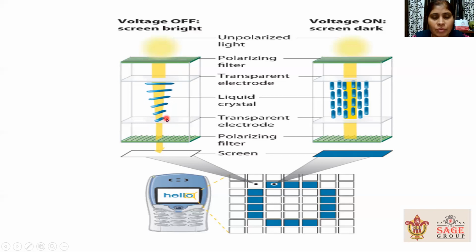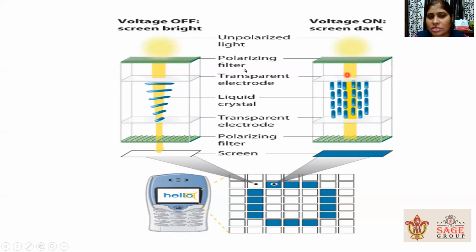So these molecules change their direction and become parallel to this polarizer. So when light falls on the screen, the light will cross this polarizer from the spaces available in the liquid crystal. So the light will be available here.